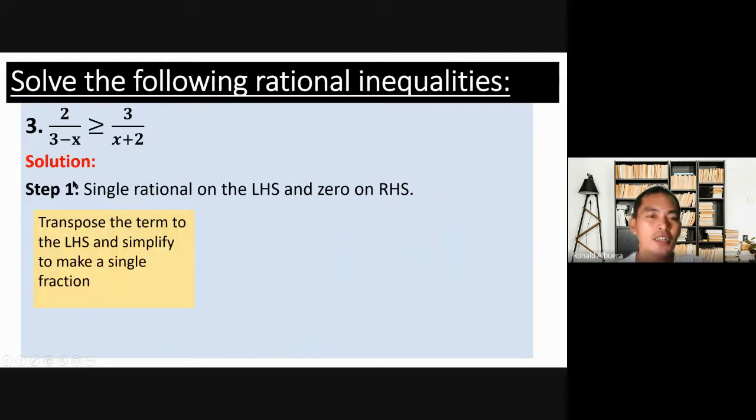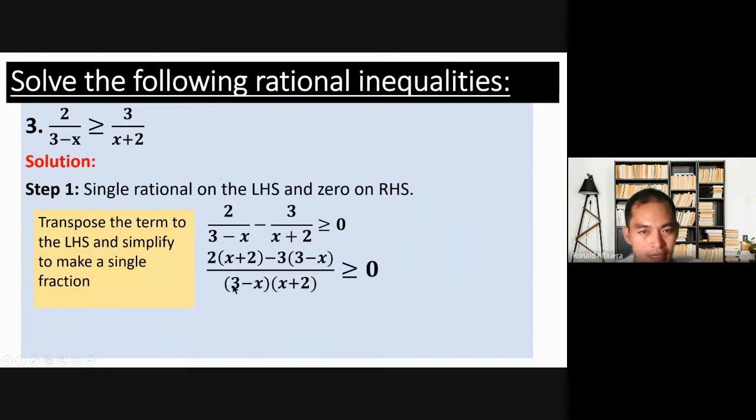So what you are going to do here is to transpose 3 over x plus 2 to the left. So it became minus and the right side became 0. And get the LCD. The LCD is the product of the two denominators. Okay, so what will you do? For the numerator is you divide first the new denominator to its denominator sa original.